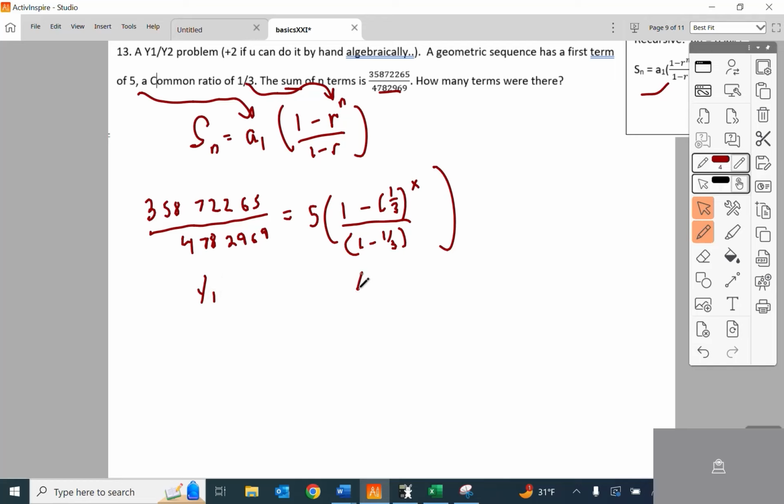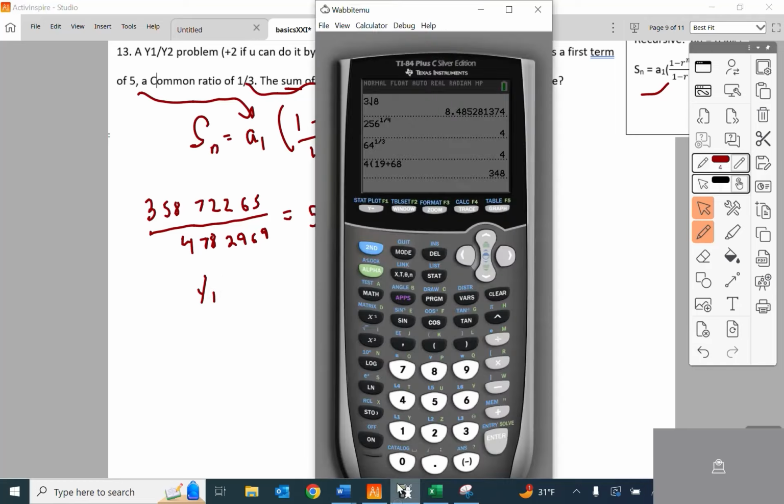There's y1, there's y2. See, I'm going to math, num, n over d. Sadly, I'm just sitting here thinking of all the kids who will miss this.